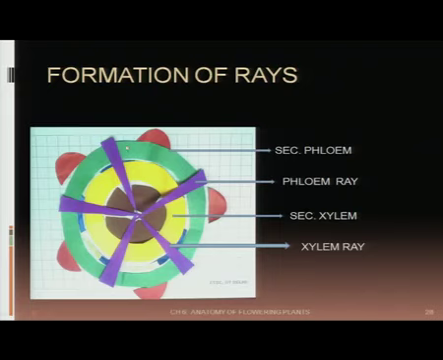Further, we see the development of medullary rays by the action of ray initials which cut off parenchymatous cells inside and outside as well. So, when the rays are present in the phloem, they are known as phloem rays, and when they are present in the xylem, they are known as xylem rays.